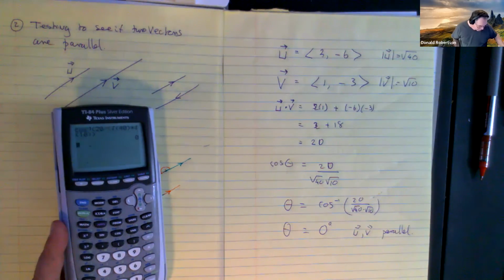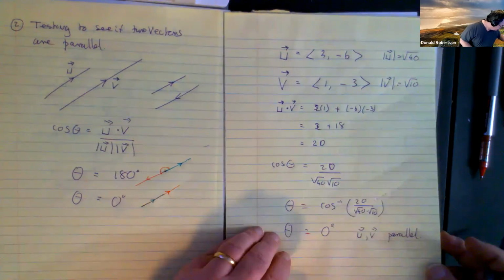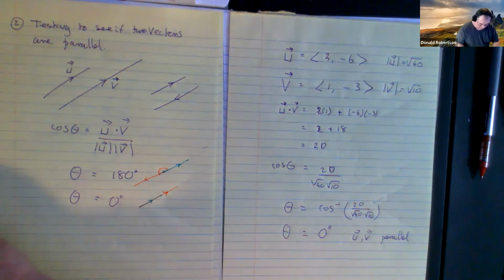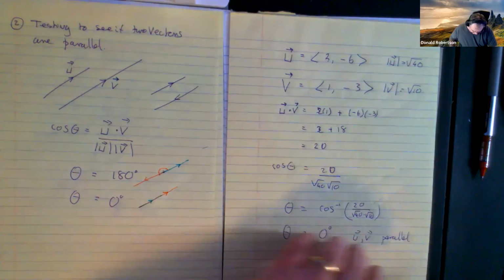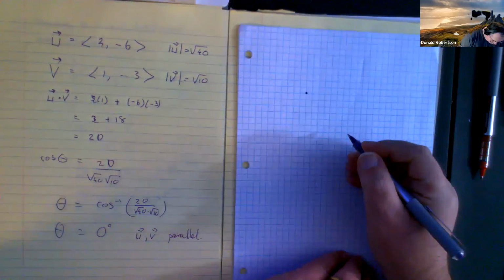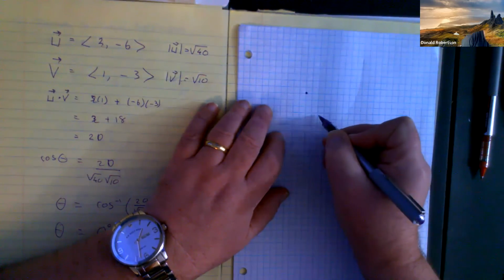Now, there are two ways I could check this. Let me try and show you both methods. One is just visual. The first vector, right, I'm just going to pick a random spot, and it's 2 to the right and 1, 2, 3, 4, 5, 6 down.